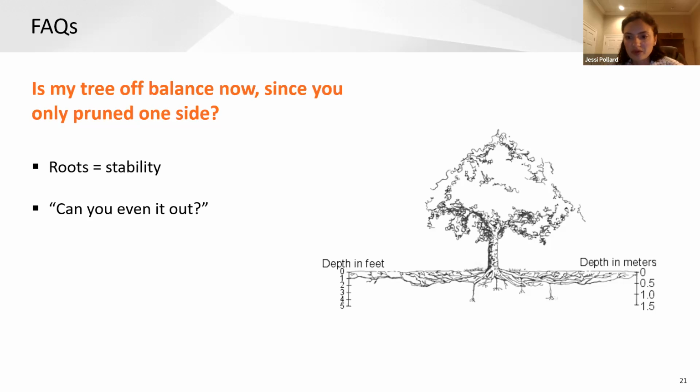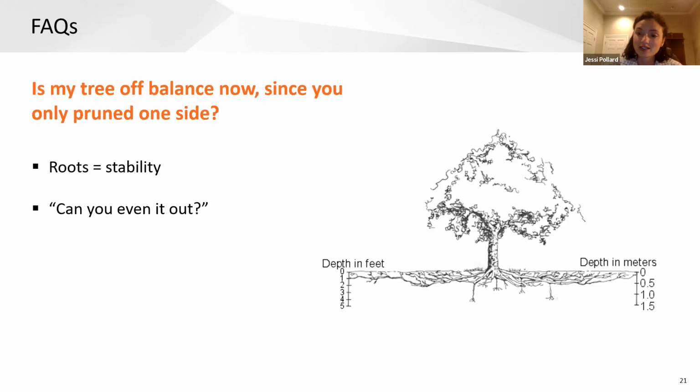We also have a lot of people ask, well, since you trimmed that side, can you come over here into my yard and even it out on the other side of the tree? And that's actually against our policy. That's considered private work. So we will not get onto private property and start trying to landscape your trees or anything like that. Our purpose when we're coming through is to get that clearance from those energized power lines.